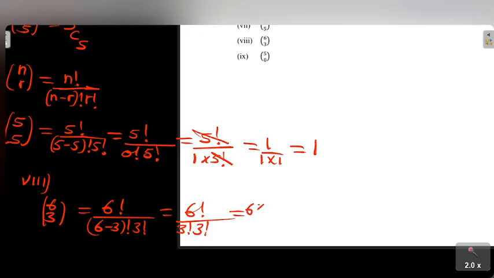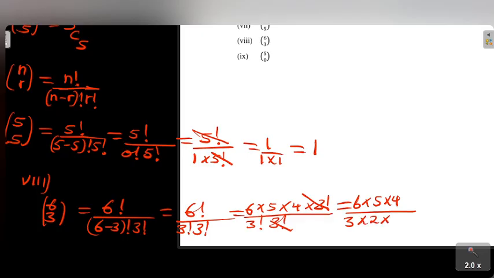So it will be 6 times 5 times 4 times 3 factorial, then we divide this by 3 factorial times 3 factorial. This will be 6 times 5 times 4. The 3 factorials cancel. Now we have 3 factorial, which is 3 times 2 times 1. This will give us a 6, which will cancel with that. So this will give us 20. So when we say 6 combine 3, you should be able to get 20.